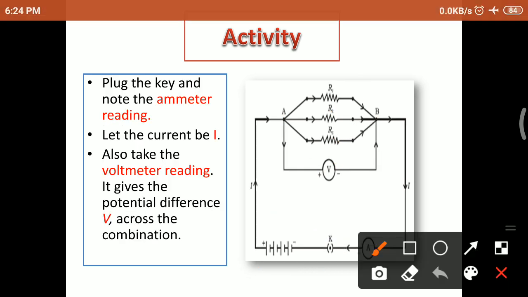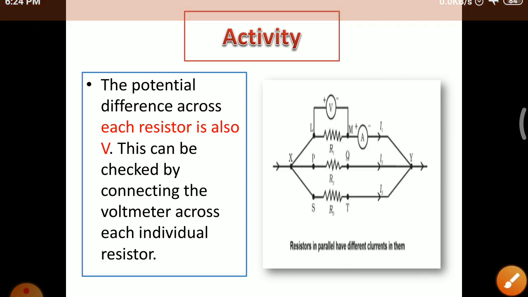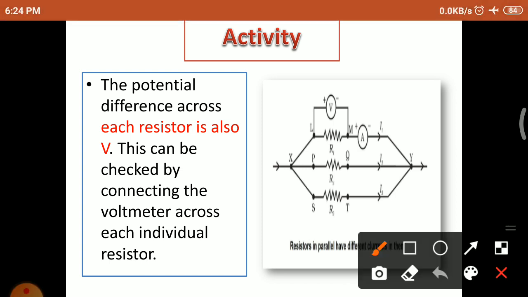Now plug the key and note the ammeter reading. Let the current be I. I am noting the ammeter reading. Also take the voltmeter reading. It gives the potential difference across the combination. So I took the current value I and also the voltage V, that means potential difference. The next, the potential difference across each resistor is also V. How am I saying that?